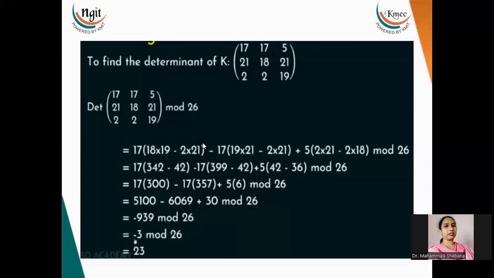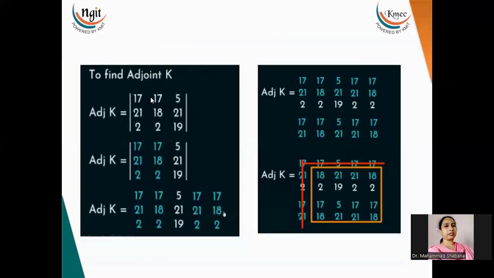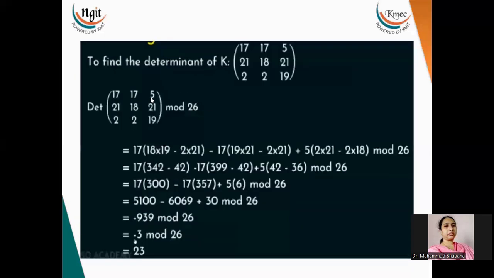Next, minus 17 into (19 into 21 minus 2 into 21). Then plus 5 into, applying the row and columns, we are eliminating. In the same manner, 5 into (21 into 2 minus 18 into 2). Like this, every time we are finding the determinant mod 26.